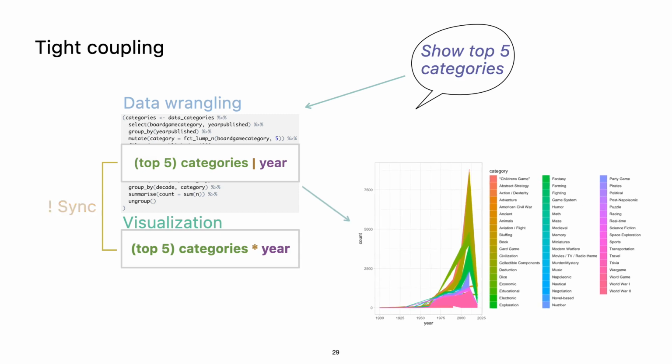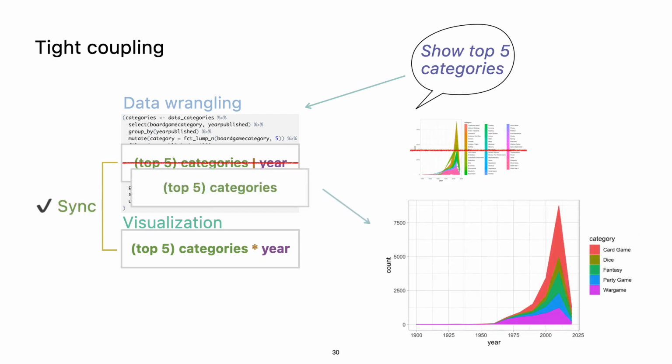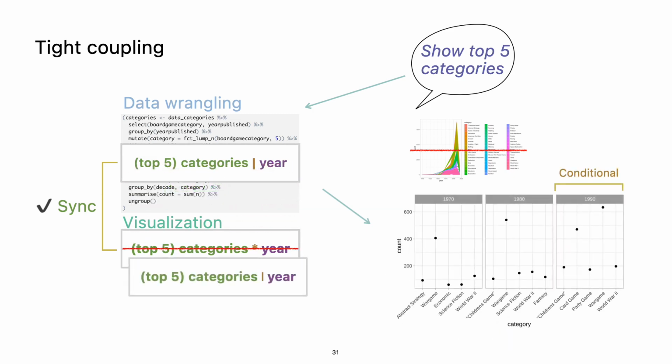To fix, we can either take out the conditional in data manipulation and take the top 5 categories overall, or add a conditional in the plot specification. With faceting, it's clear that each top 5 is conditional on the year. This example demonstrates the tight coupling. Visualization and data wrangling specifications depend on one another, and the two going out of sync can cause problems.